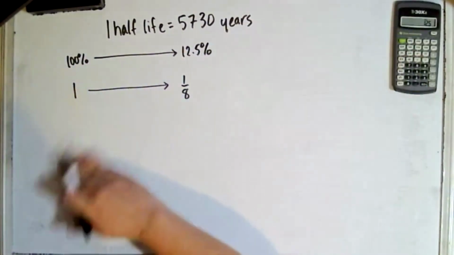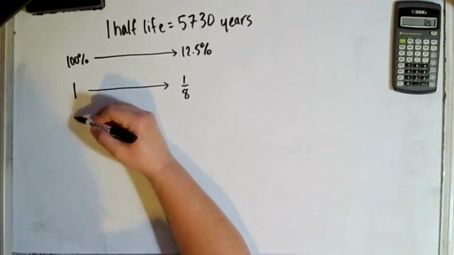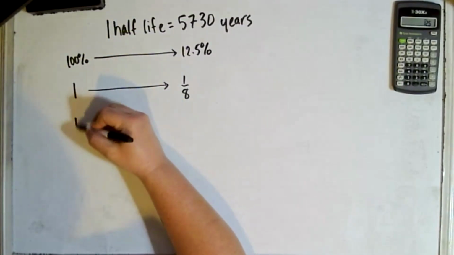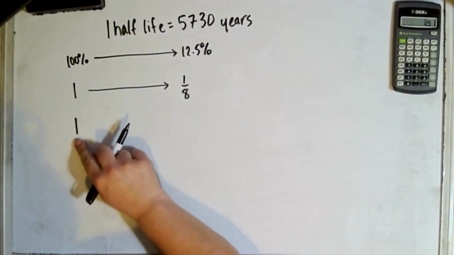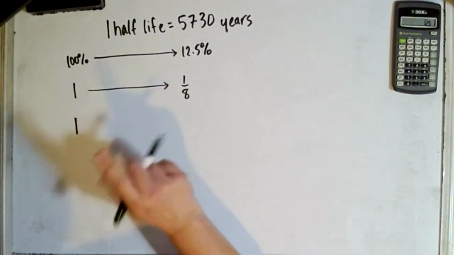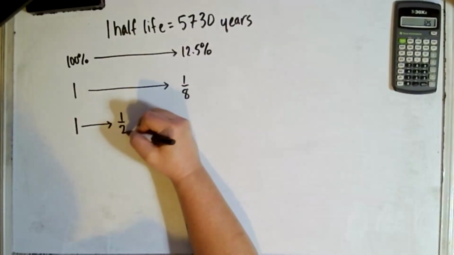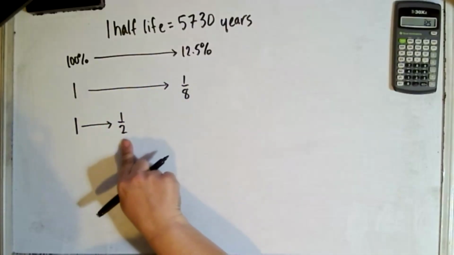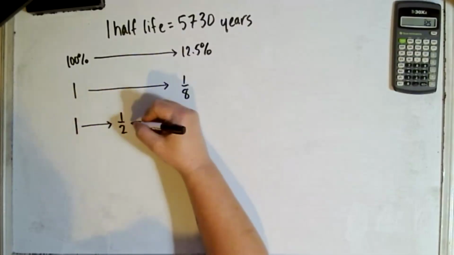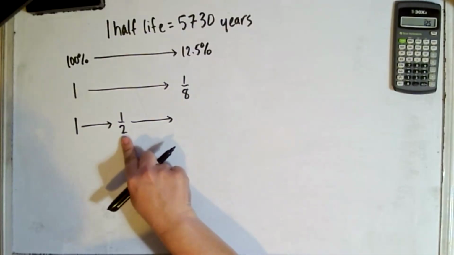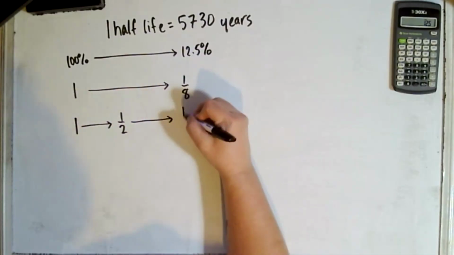So watch what happens. If you start out with your original amount of carbon-14 in your living sample, we're going to say that that's a whole number 1. Okay. After the first half-life goes by, you're going to have half of that left. So you'll have 1/2 now. When your second half-life goes by, you're going to have a half of this. So a half of a half is going to be a quarter.